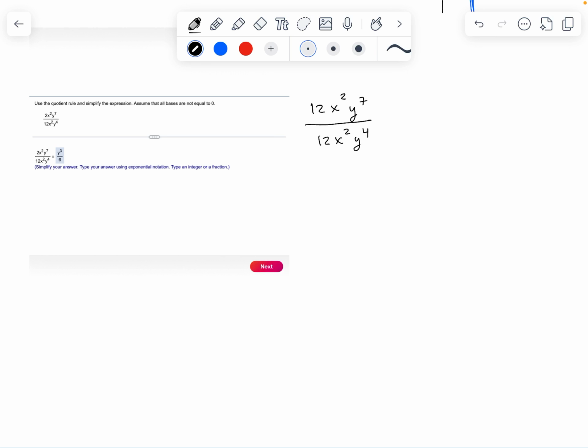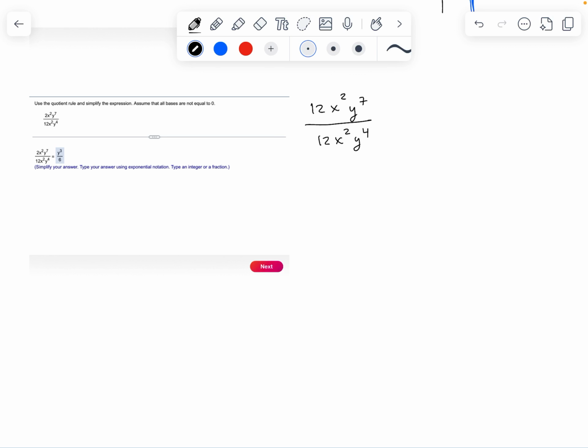So here we are simplifying. When we use the quotient rule here, we find the terms with the same base.